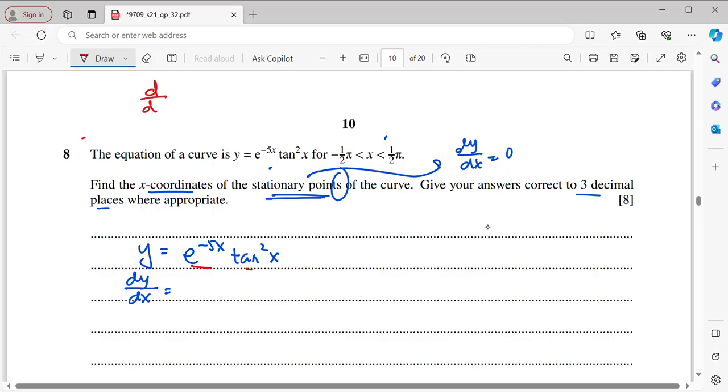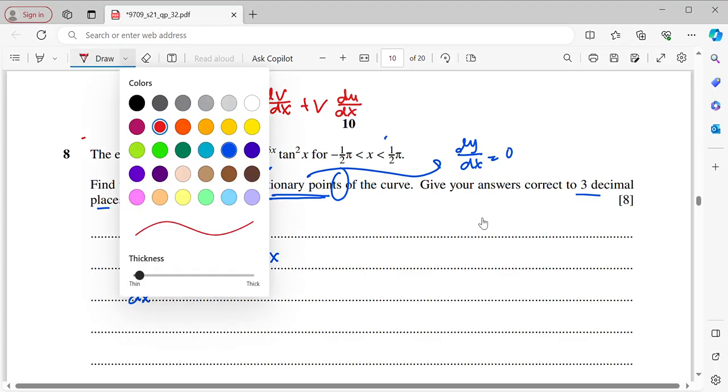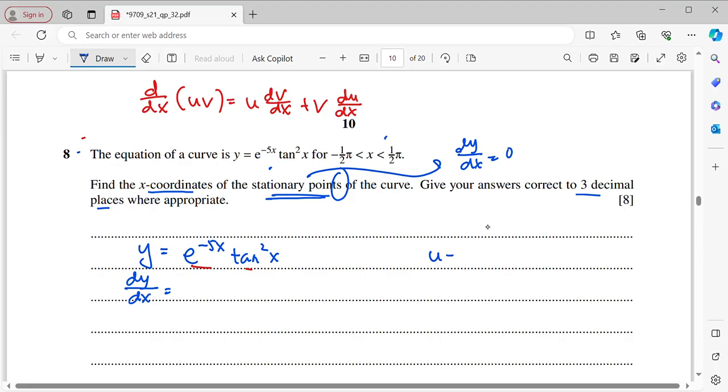So d over dx of uv is u dv dx plus v du dx. Now our u is the exponential. To differentiate the exponential function, you just rewrite the whole exponential function, and then you differentiate the power of e. So when you differentiate minus 5x, the answer is minus 5.